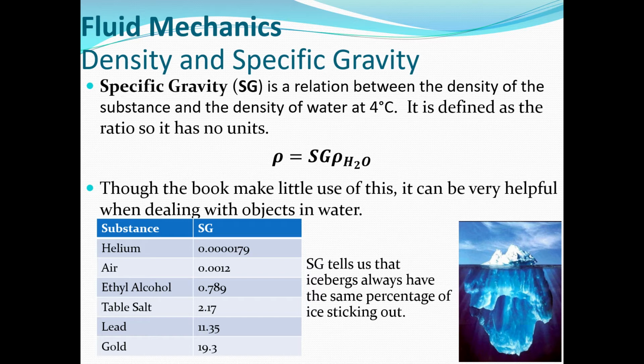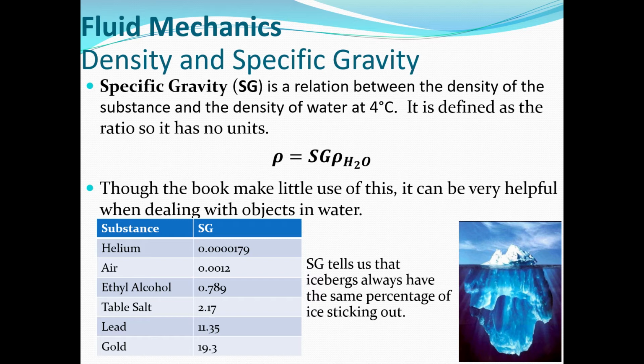So just to give you a heads up, what I was trying to refer to before is that specific gravity can actually tell us how an object floats in water, how much of the material is below the water and how much is above.